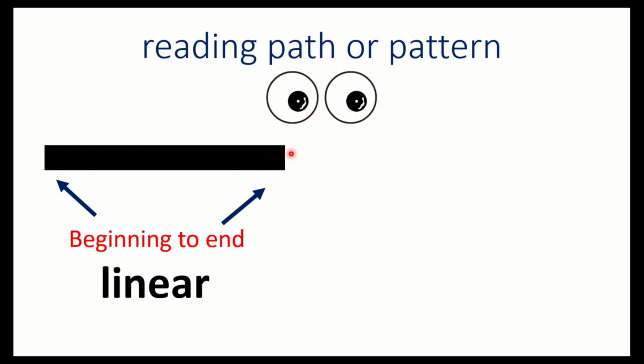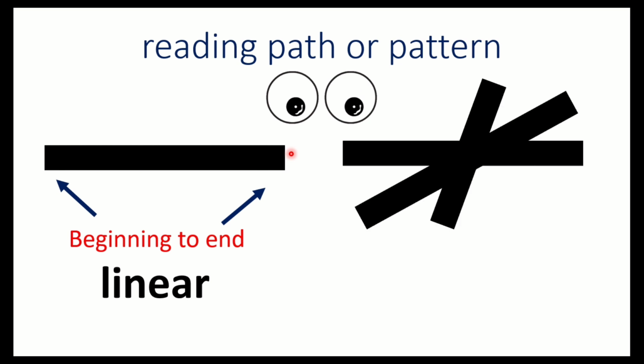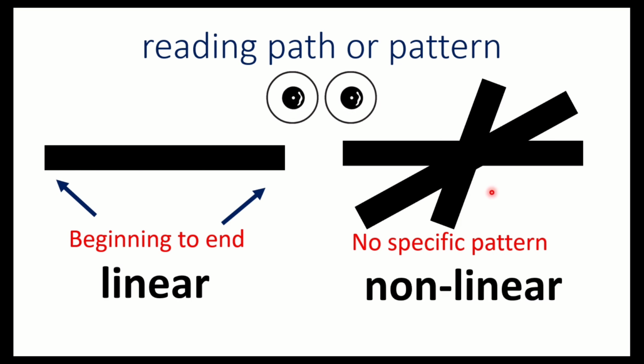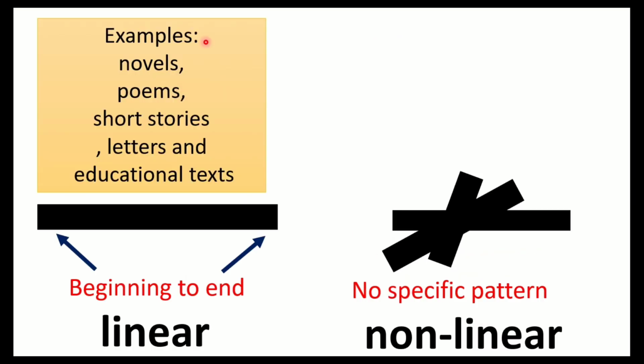On the other hand, if the text that we are reading has no specific pattern, unlike a beginning and an end, it could go up, down, left, right, anywhere has information, it is considered a non-linear text. To help you understand them better, here are the examples of a linear text.